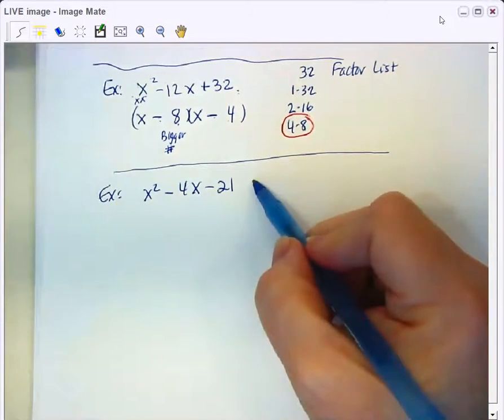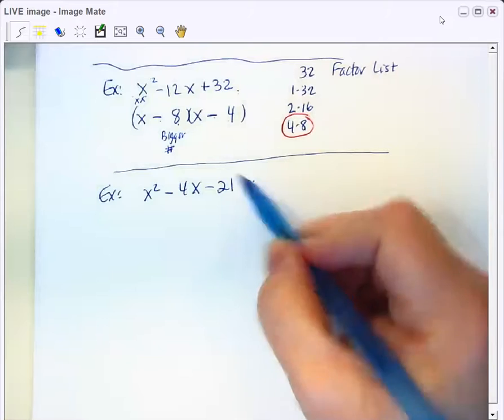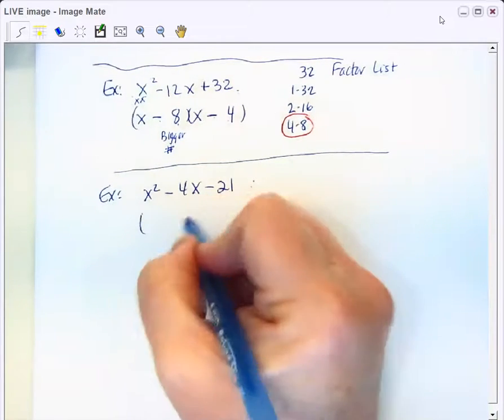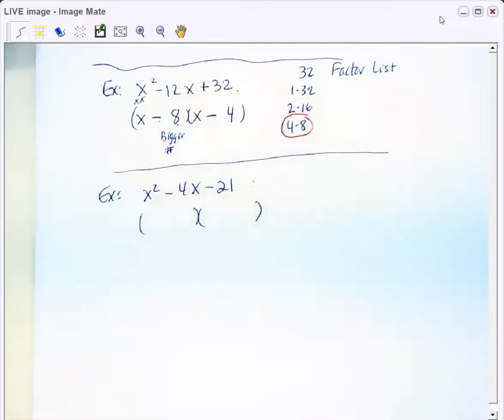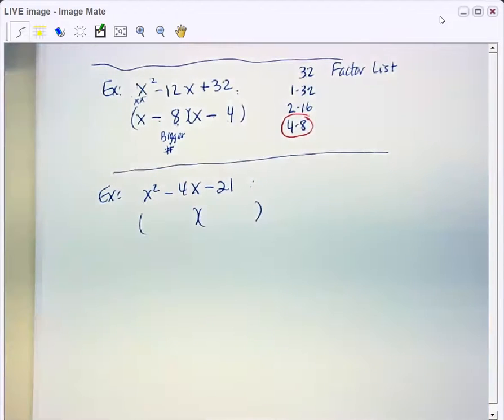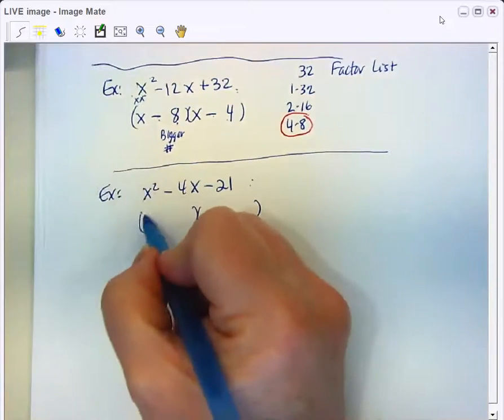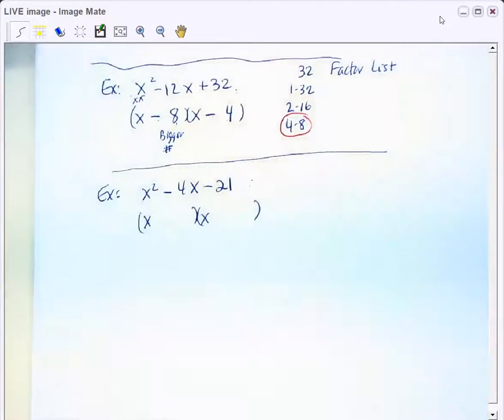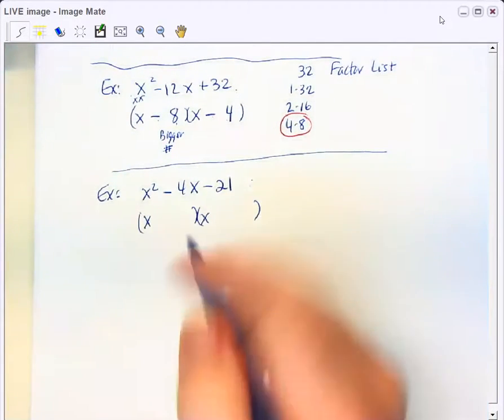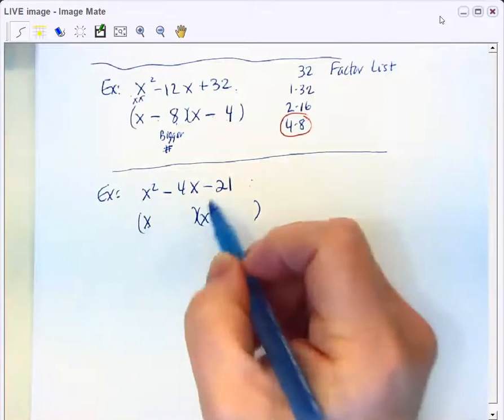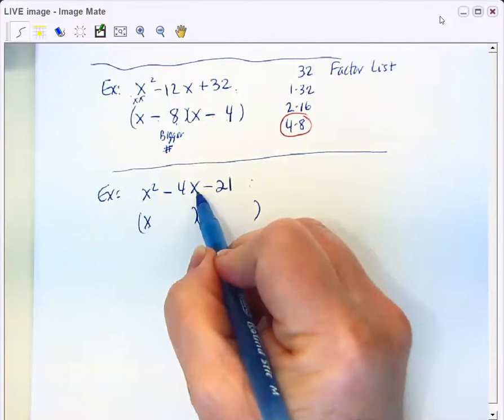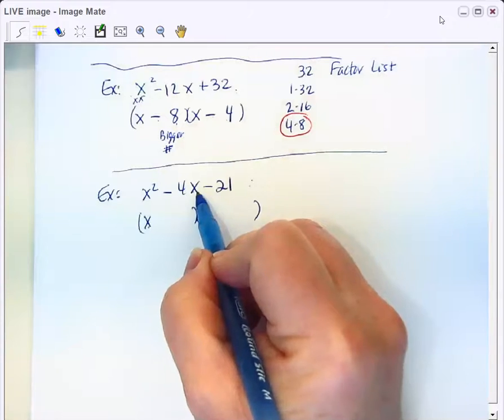No common terms, not a difference of squares, coefficient 1, double parentheses. Okay. This is an x squared, so we go x times x. Notice that whatever this term is what ends up in the middle. Okay, I'll explain that later.